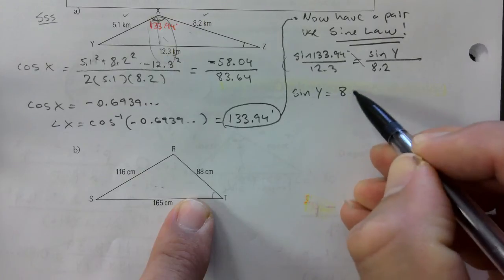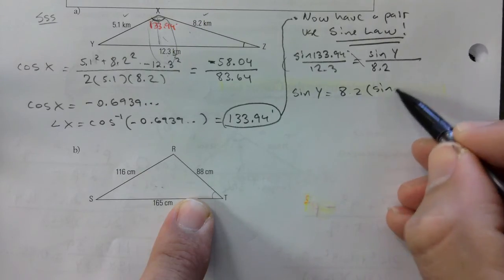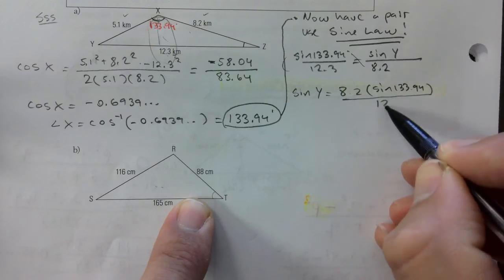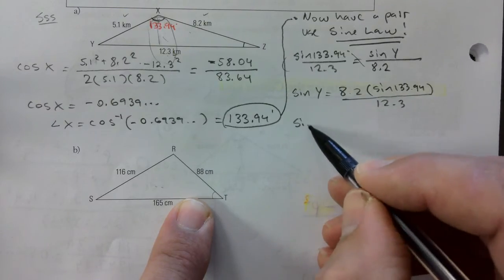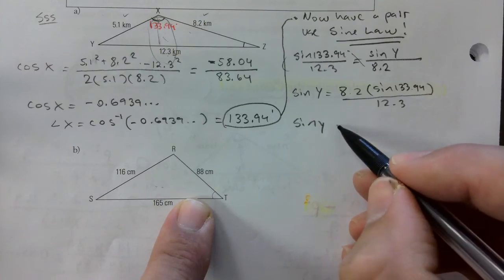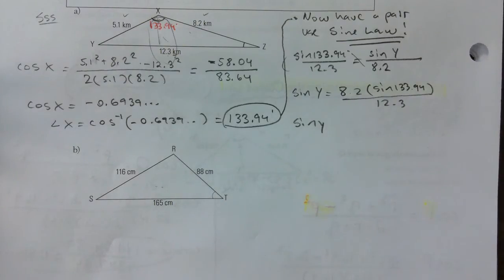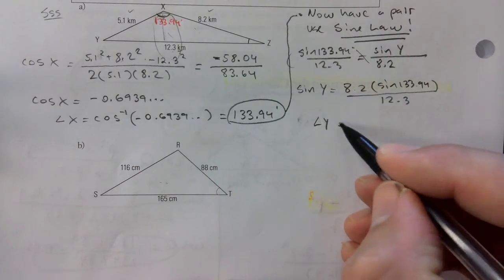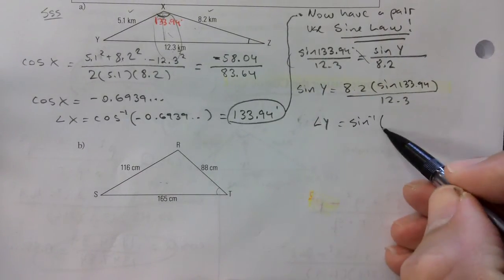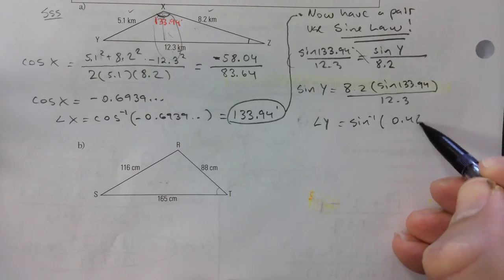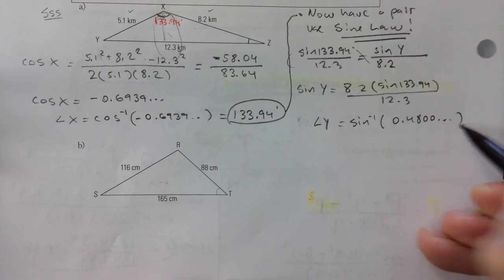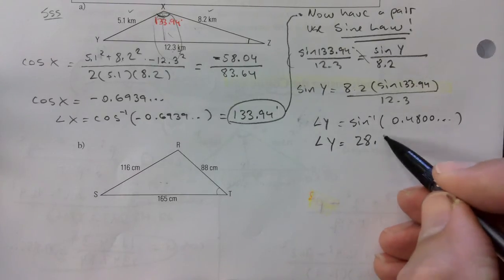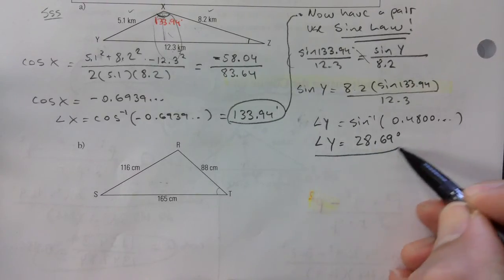Sine of y is 8.2 times sine of 133.94 over 12.3. Hold on, I already taught you to just go angle y like that. Angle y is sine inverse of 0.4800. It keeps going. Angle y is 28.69 degrees.